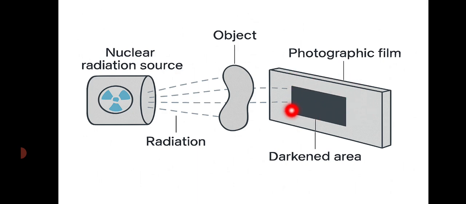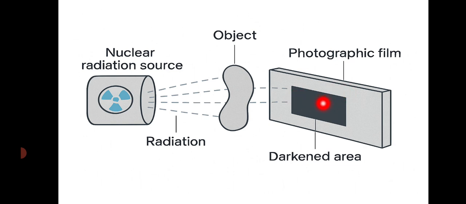This is the photographic film. Initially, the photographic film is not dark, but upon being exposed to radiation, it is going to change its color to black. It is going to be darkened. So the darkening signifies the presence of radiation, which can be alpha, beta, or gamma, depending on which one has been allowed to pass through.